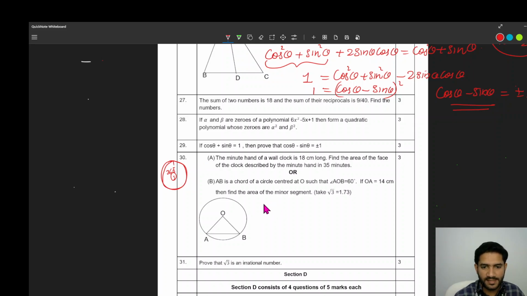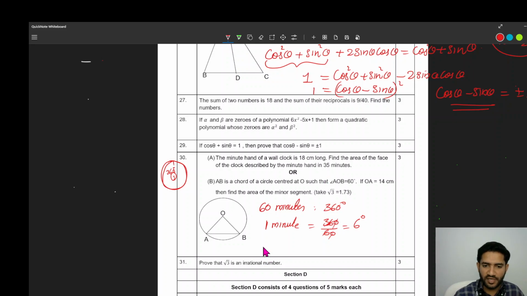That means 60 minutes means 360 degree. So 1 minute is 360 by 60 degree. We can cancel the 0s, and 6 and 36, we get 6 degree. 1 minute means 6 degree.